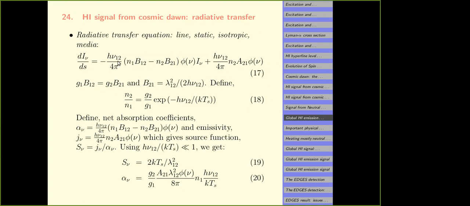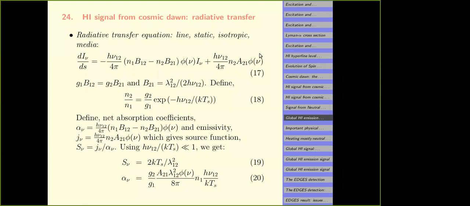The first term is what is called absorption. The second term is called emission. It's a simpler term. The emission is purely governed by the spontaneous decay of the line. You have a hydrogen atom with hyperfine structure in its excited state, and slowly that state decays, and what we see as a result is emission.